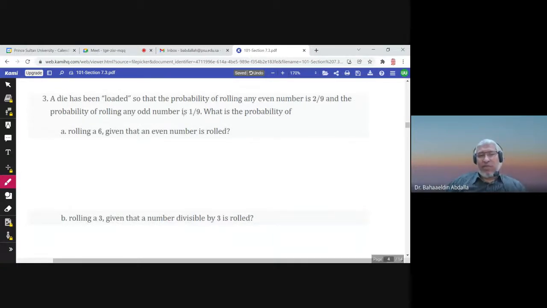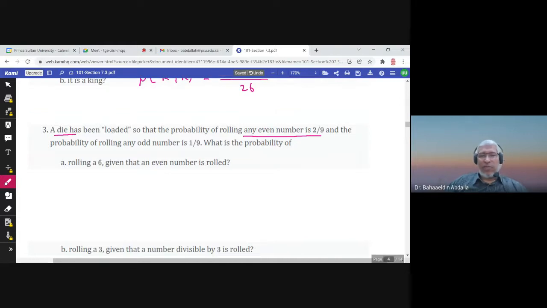A die has been loaded. Loaded means it's not fair. So that the probability of rolling any even number is 2 over 9. When we roll a die, we have probabilities for 1, 2, 3, 4 up to 6. So probability of 2 equals probability of 4 equals probability of 6 equals 2 over 9.